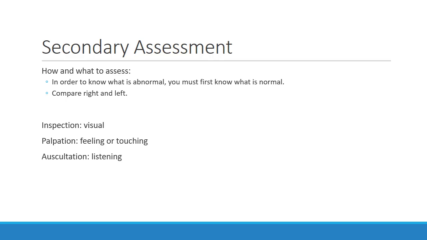And we use auscultation, which is listening. For the EMT, most of the listening is done with lung sounds. Just as I mentioned, we need to know what normal is. We need to know what normal lung sounds sound like before we can learn what abnormal lung sounds sound like. So in class, over the next few classes, we will be listening to lung sounds, both normal and abnormal.